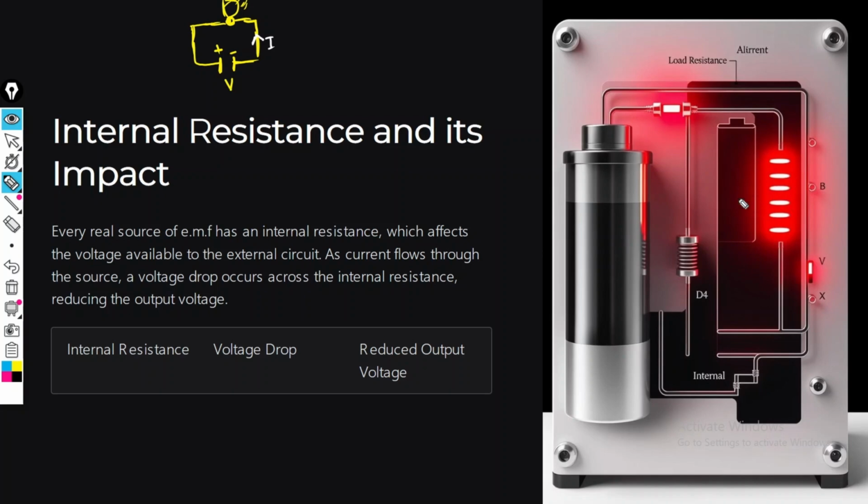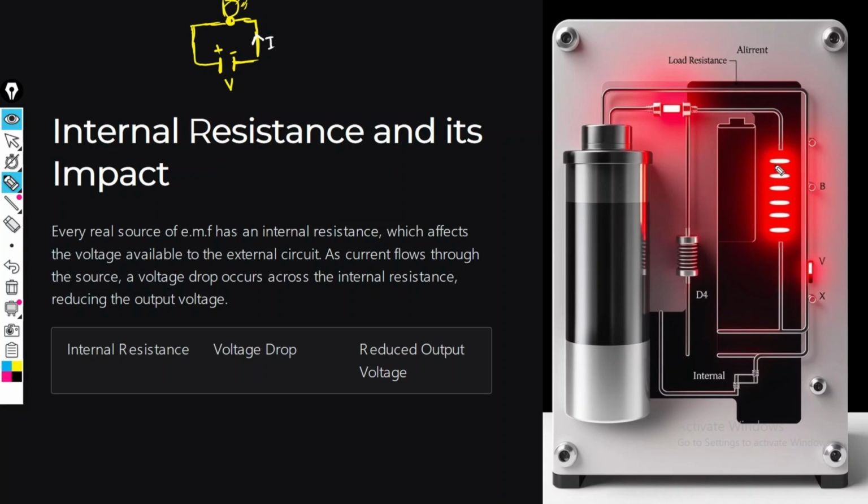One thing the battery gives us is the electromotive force. But despite giving the electromotive force, some of the voltage is dropped inside the battery itself.